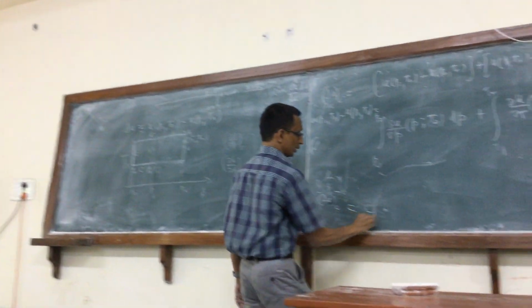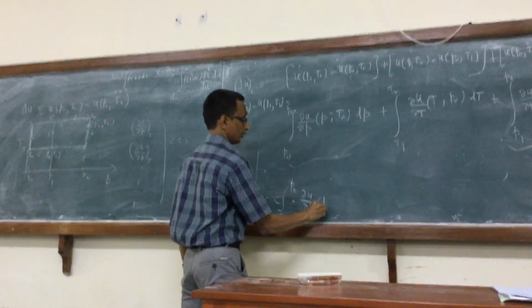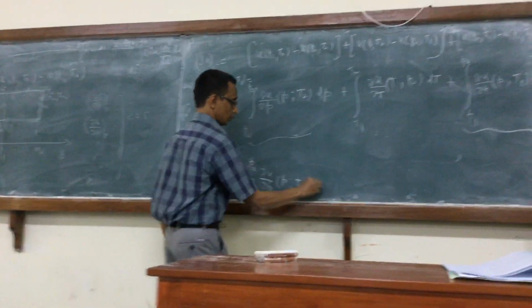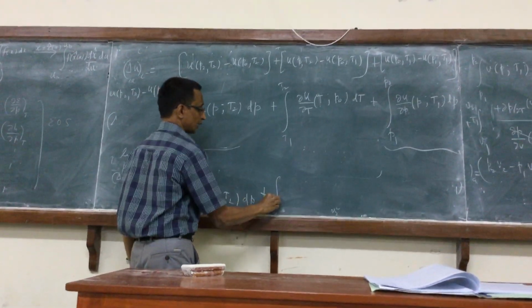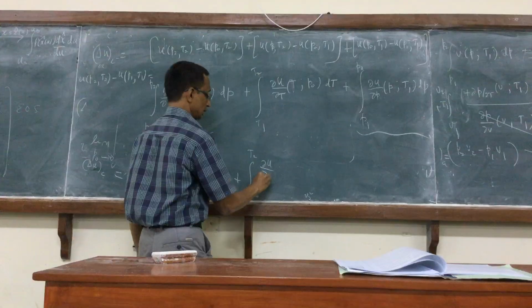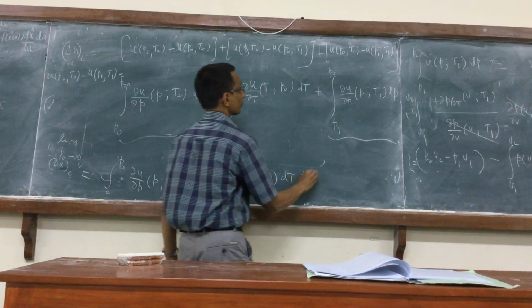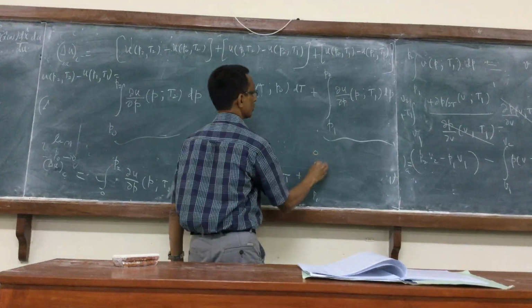So this would be equal to the integral from 0 to P2 of du by dt. You see the advantage of this: du by dt at P0 dt plus the integral from P1 to 0.